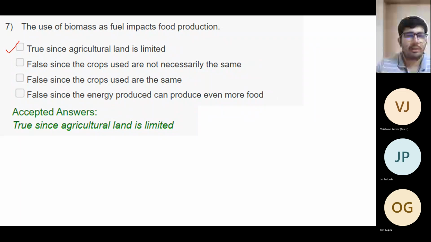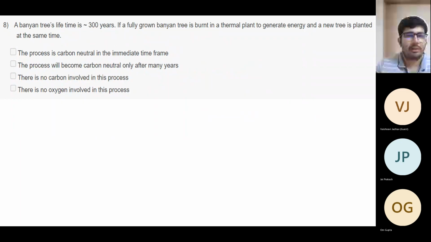So next, question number 8: a banyan tree's lifetime is 300 years. If a fully grown banyan tree is burnt in a thermal plant to generate energy, and a new tree is planted at the same time. So options are given. Take 2 minutes and give the answer.